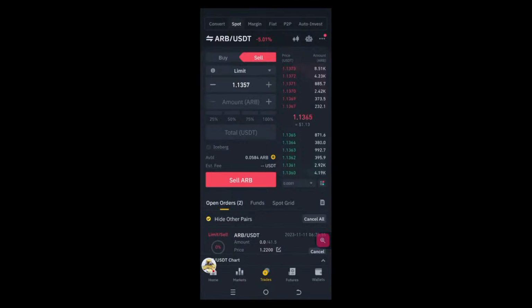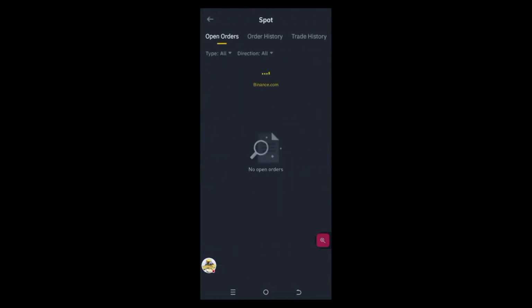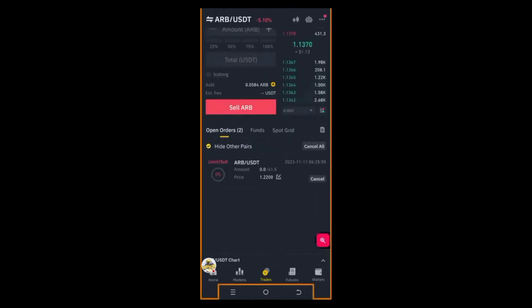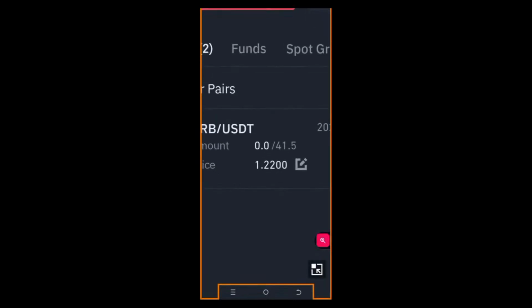Like we have here, I've said I want to get ARB, I want to make maybe like 1.5%, and I set it. So in limit order, all I have to do is just put in the amount I want to get. Let me show you here. So what I'm planning to get is 1.22.